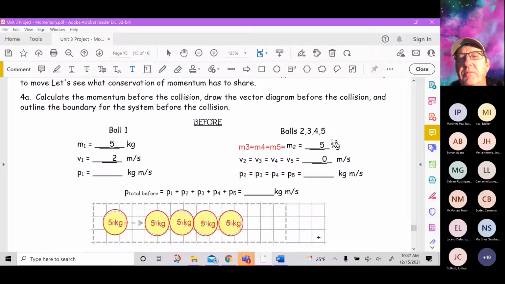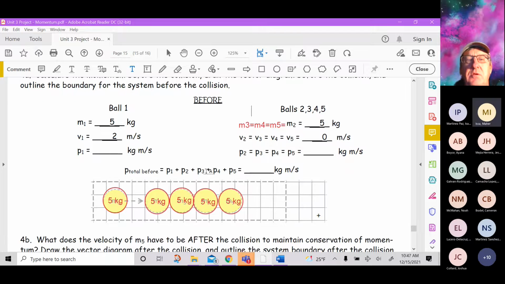Same thing over here. Find the momentum of balls 2, 3, 4, and 5. Of course, they're not moving, so this one should be really easy. Then you have to find the total momentum. To find the total momentum, you add the 5 momentums together. Again, this should be pretty simple.